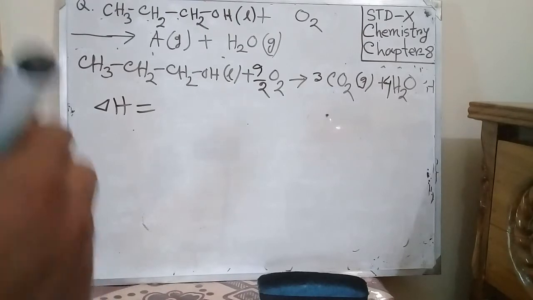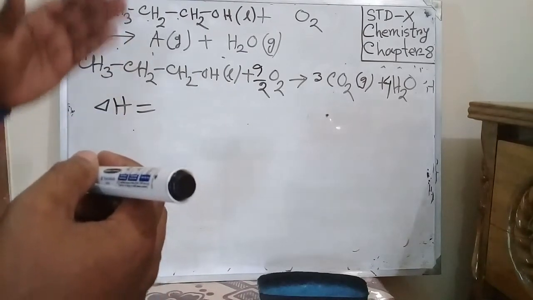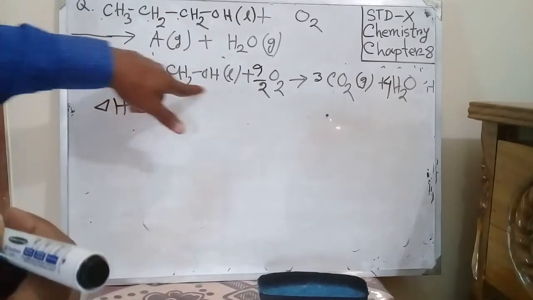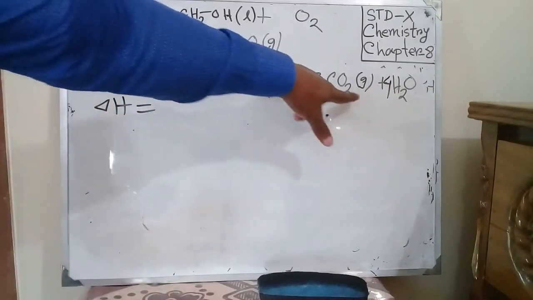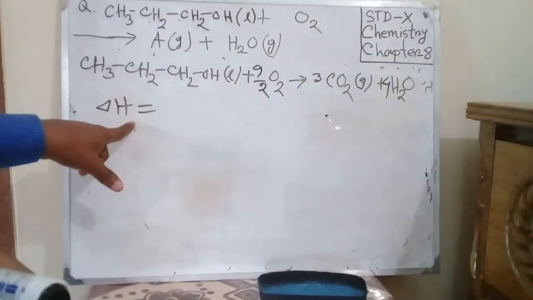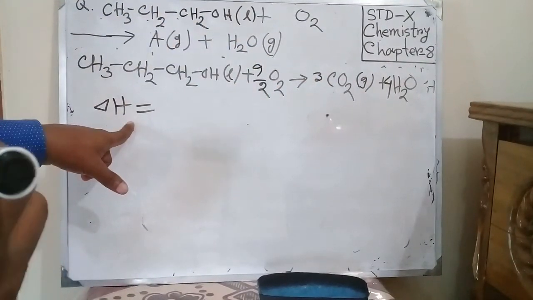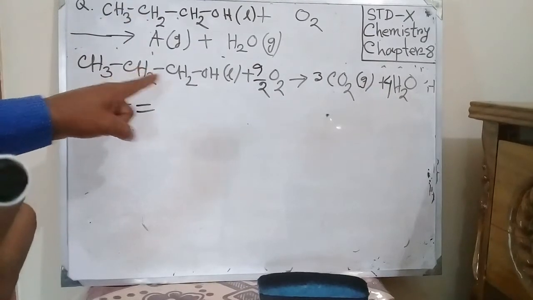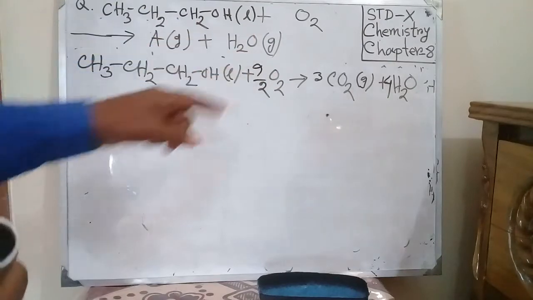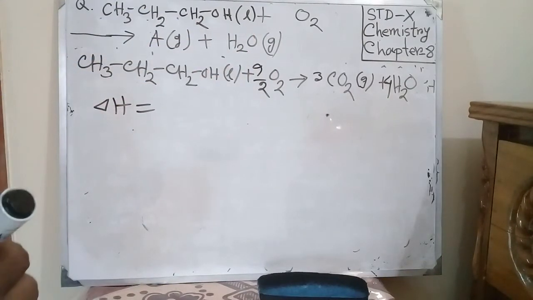So the total energy required for breaking all the bonds minus the total energy released in the formation of new bonds.